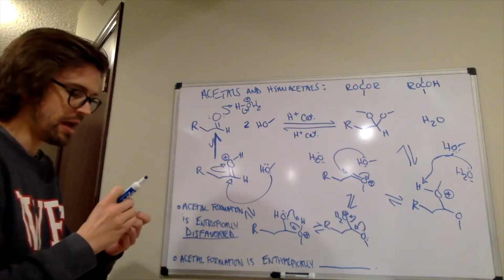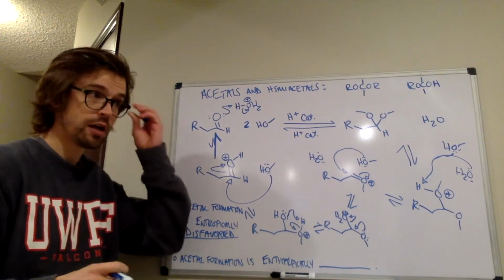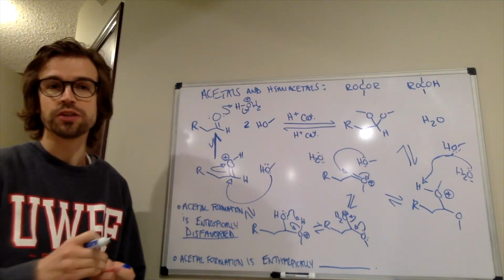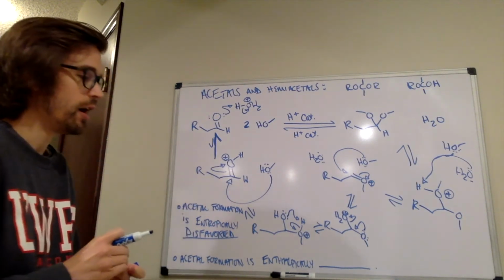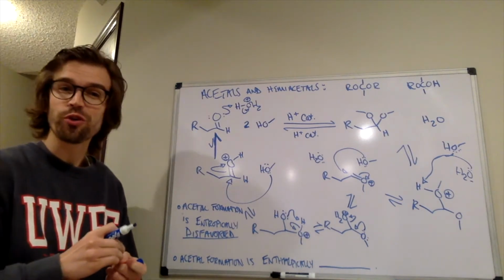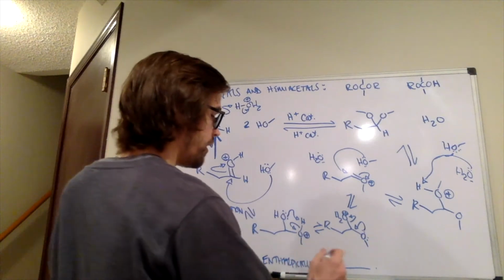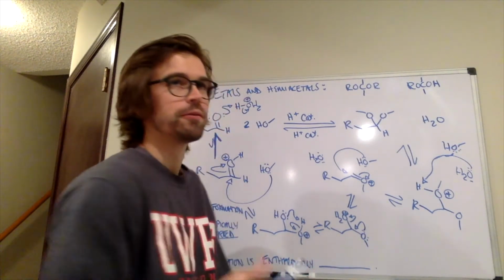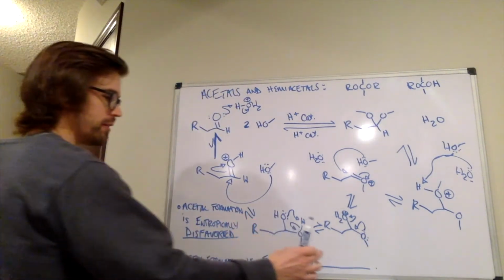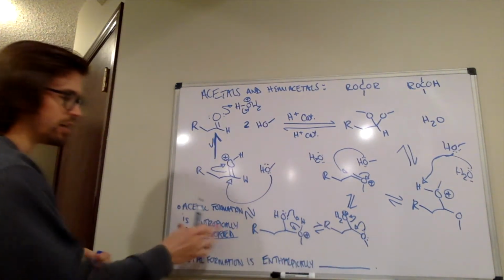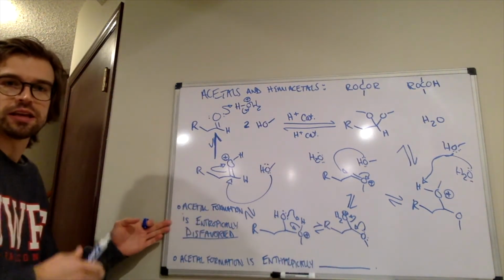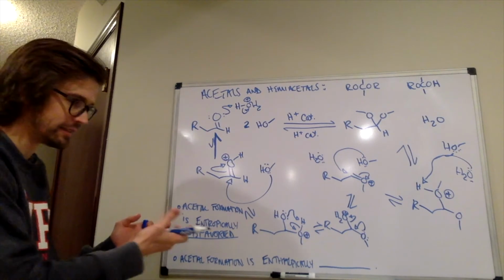What about the enthalpy, so the bond energies? Again, it's kind of the same situation as the hydrates. We're pretty neutral here, probably very slightly favored, but for all intents and purposes, the slightly favored enthalpy doesn't make up for the entropic disfavor.